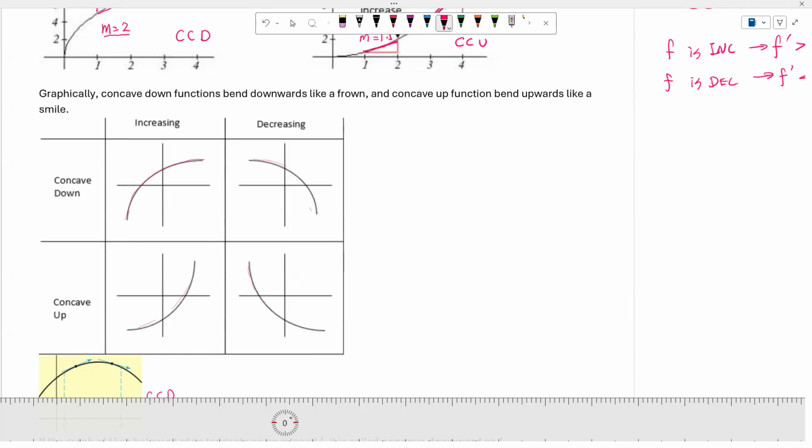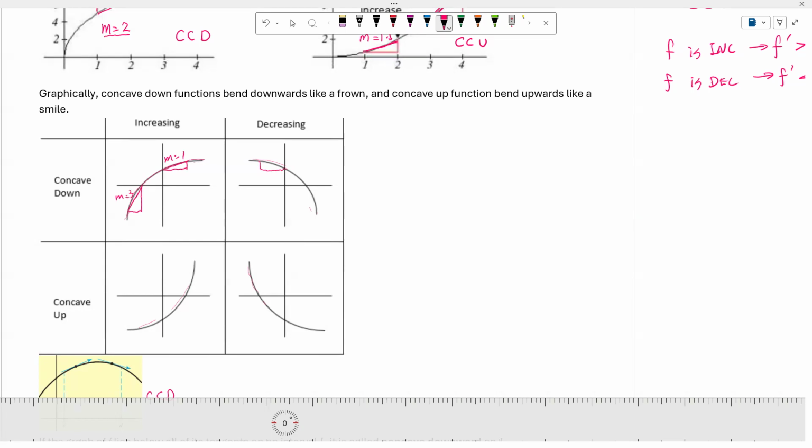Or if you look at the slope, the slope from here to here and the slope from here to here, maybe we could say that this is 3, this is about 1. The rate of change is decreasing. And how about this one?